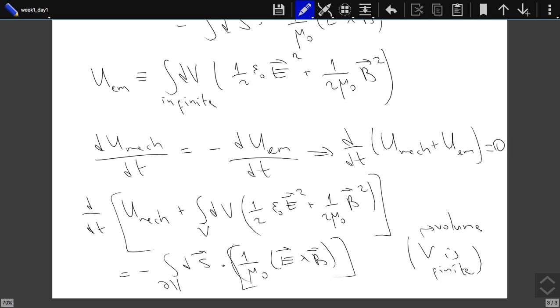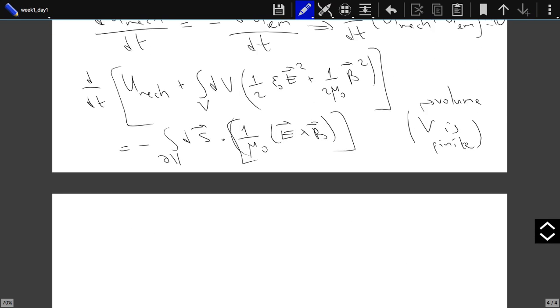And I'm integrating over all of the surface to obtain the total energy flowing through the surface per unit time. And that quantity, 1 over mu 0 E cross B, is what we define as S. This is our Poynting vector.